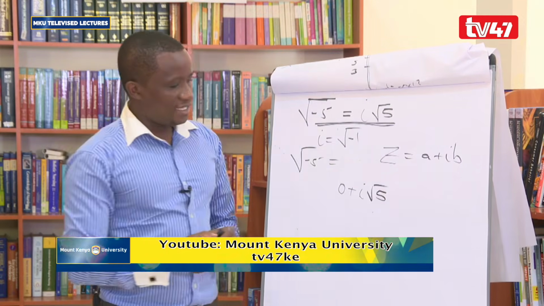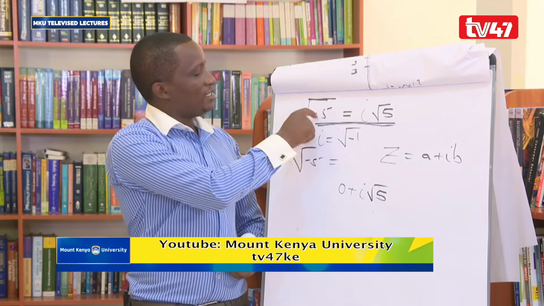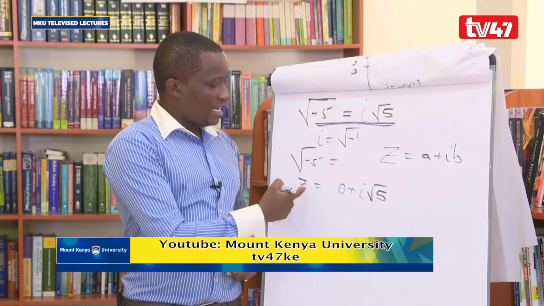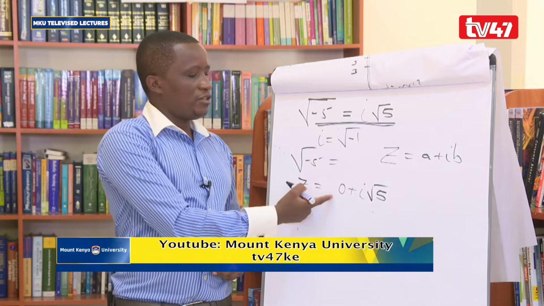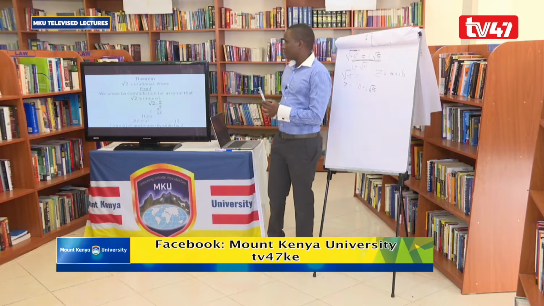And you realize that now it is possible to get the square root of this number, unlike the situation where we had this. So the representation of the square root of negative 5 in the form of z will be 0 plus i square root of 5.